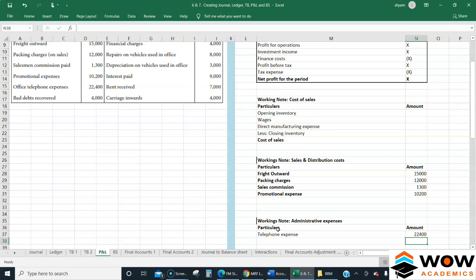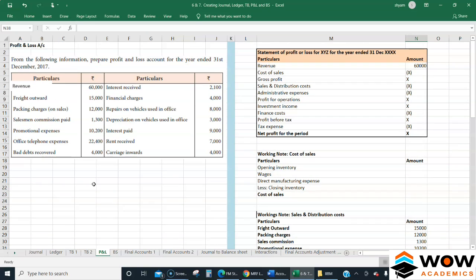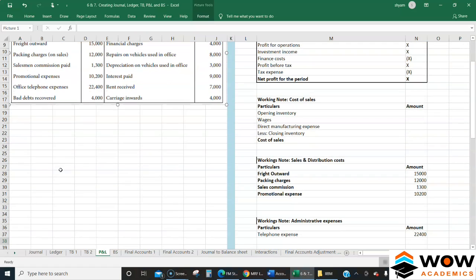So the next one is bad debts recovered. So where can we put bad debts recovered? So shall we put it under cost of sales, sales and distribution, or administrative cost? See, it depends upon where the company wants it to be shown. Normally where we show provision for doubtful debtors, there we could show the bad debts recovered.